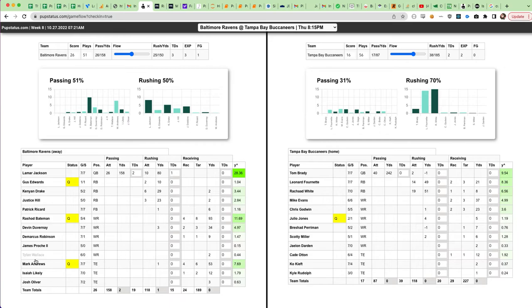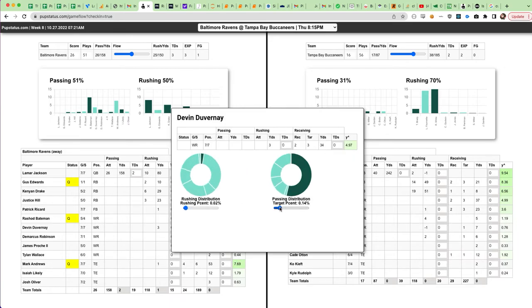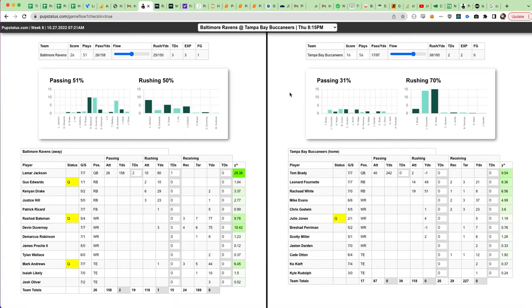It takes away from Mark Andrews a little bit. We can also bump Duvernay a little bit. And again, this is all percentage based. You can see what percentage of the pie reflects to this player. 37% is actually more of the percentage because there's a lot of math in that, I'm working on it, but it's there.